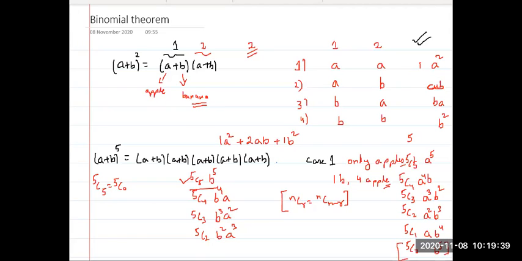Both are equal. Yes or no? Both are equal. So this is equal to this. 5C4 is actually equal to 5C1. So ultimately both arrangements are the same.